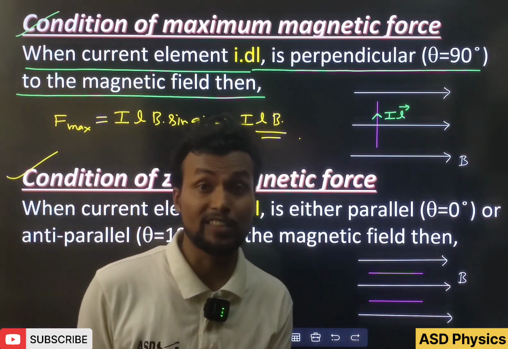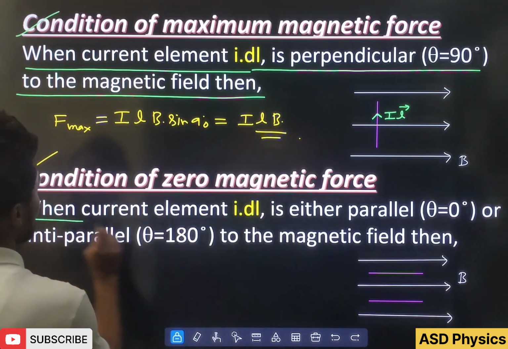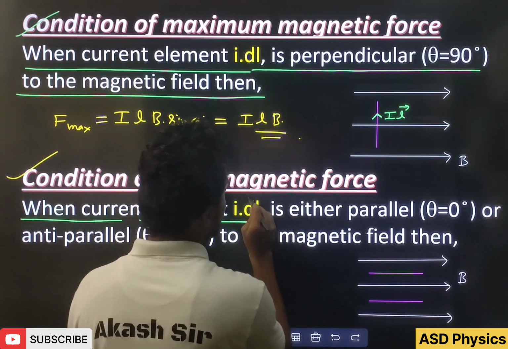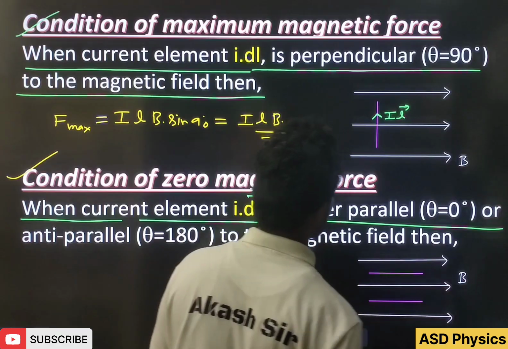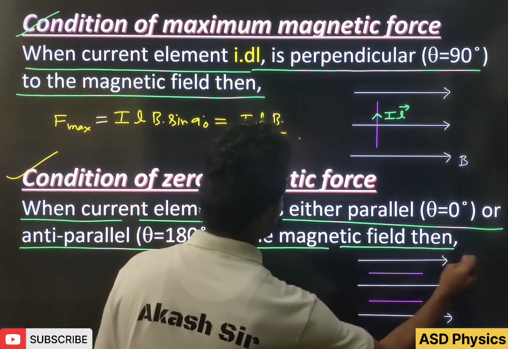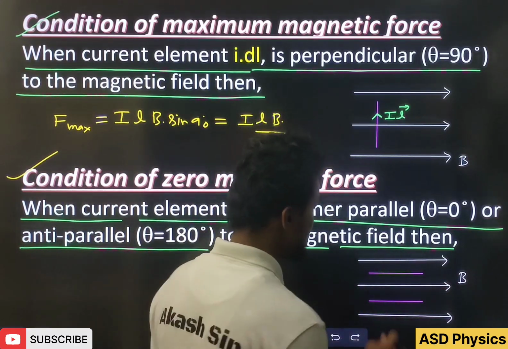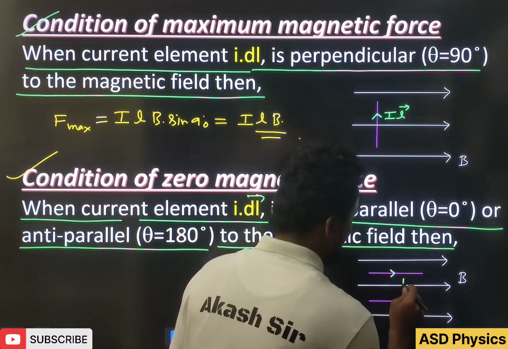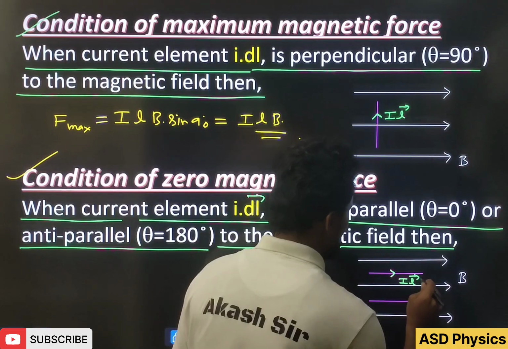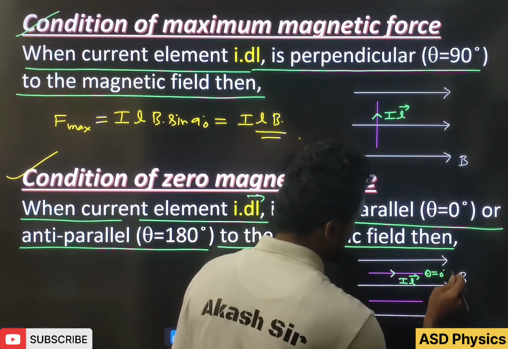Condition of zero magnetic force, very important. Now let's see what is given here. When the current element IL is either parallel or anti-parallel to the magnetic field, then only it will be zero. Magnetic field along x-axis. First I have taken the current element in this direction, IL. In the same direction, theta is 0 degree.